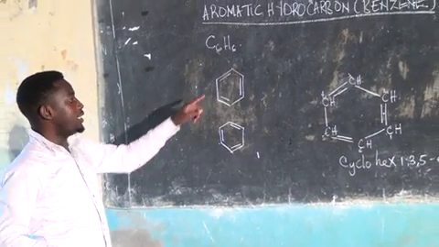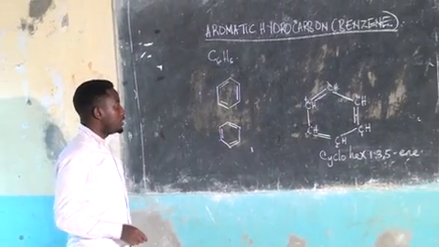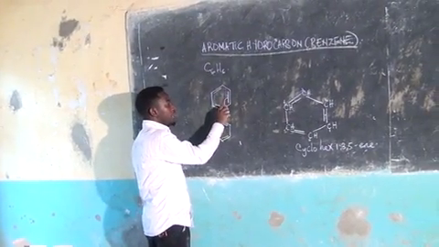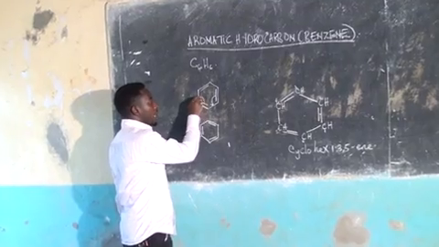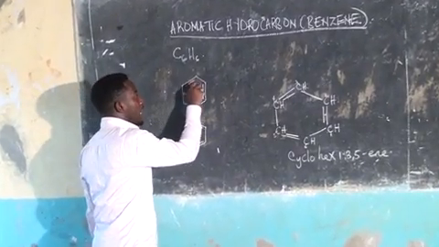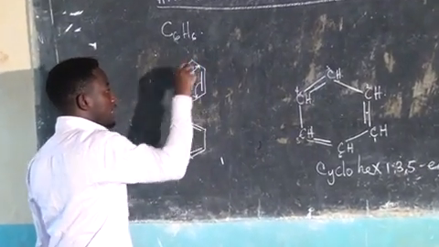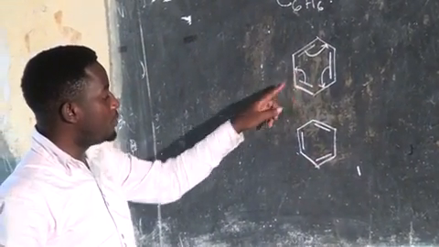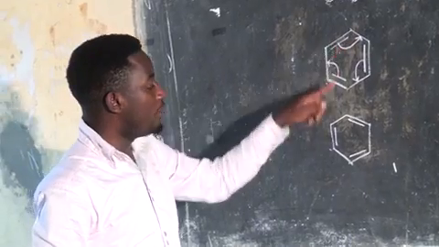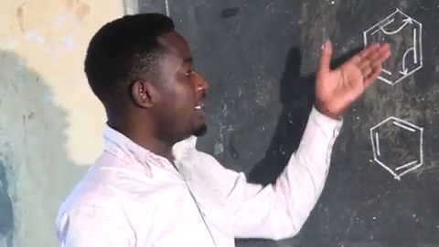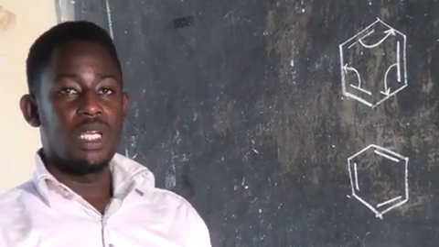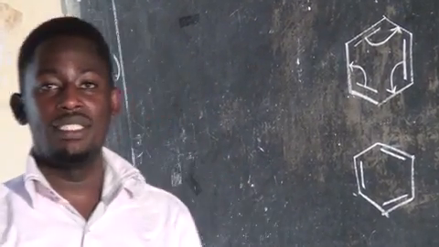This bond can come here, this one can come here, and this one can come there. This is very common, and it occurs continuously.